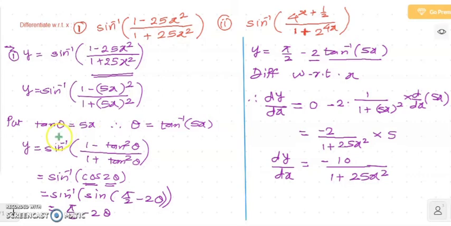You have to take theta or something different, like phi. Normally we take theta. Understood? So while substituting, make sure that you are putting theta, not x. The original example is in terms of x, so you have to use something different from x. So tan theta is taken as 5x. Now see the next example, which was written here, number 2.